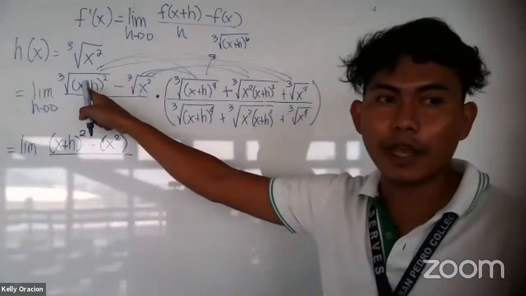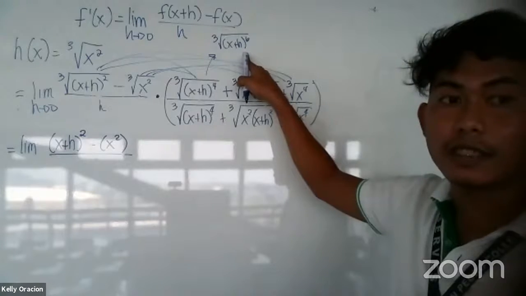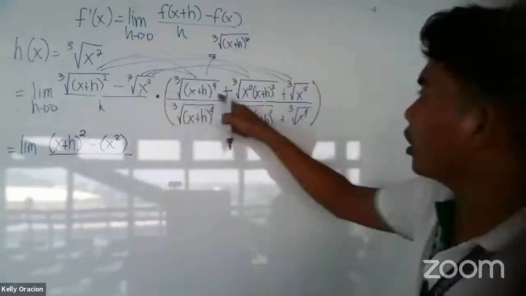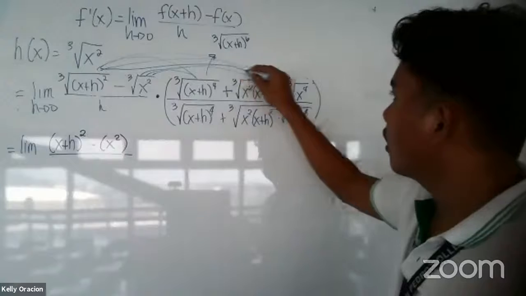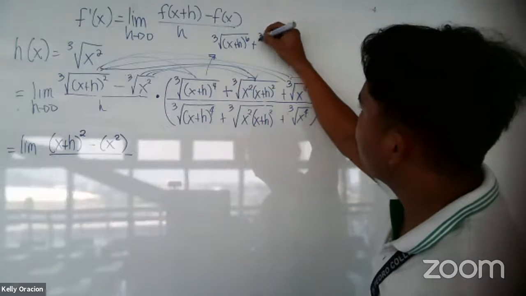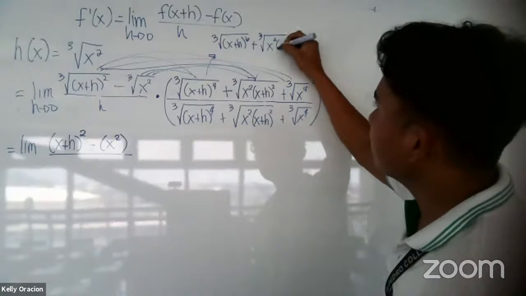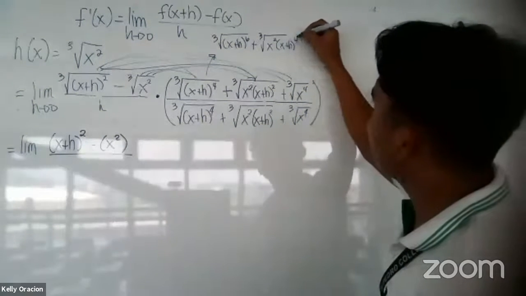If we're going to multiply this one, the fourth power times the squared, the answer is 6. Then multiply this one here. The second term, the answer is plus cube root of x squared times x plus h raised to 4.